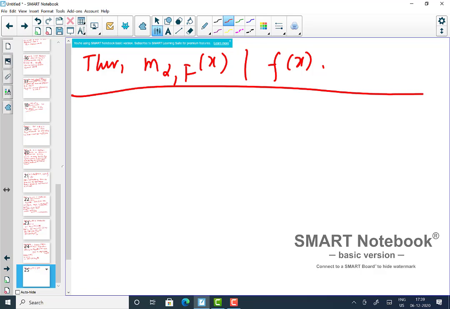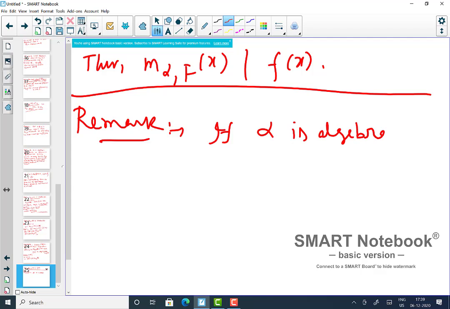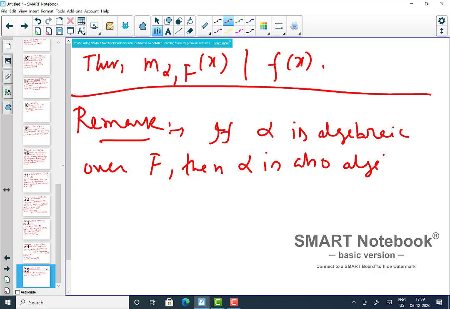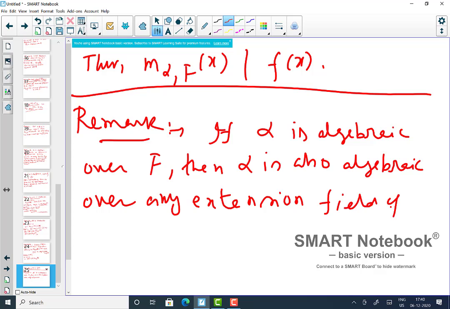So now a remark: if alpha is algebraic over F, then alpha is also algebraic over any extension field of F, right? Because the minimal polynomial, which is a polynomial over F, is also a polynomial over the extension field, right?